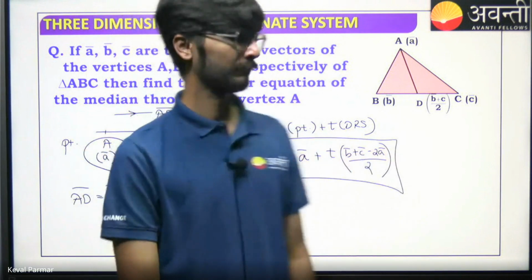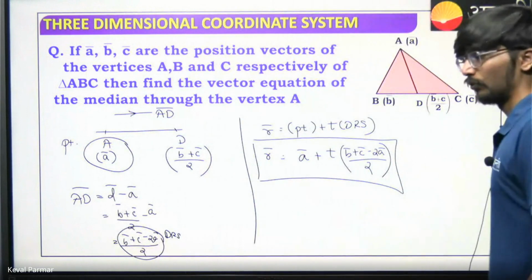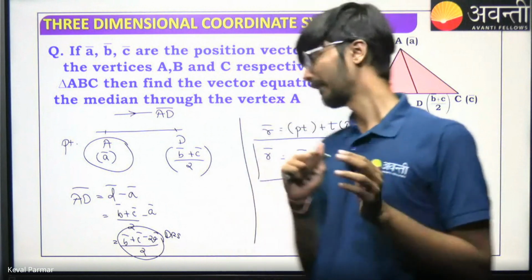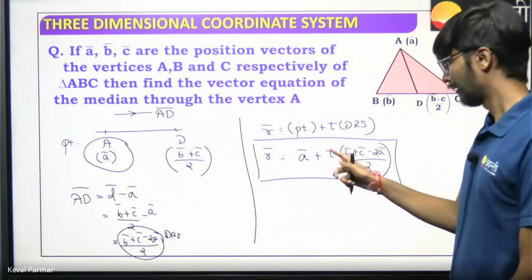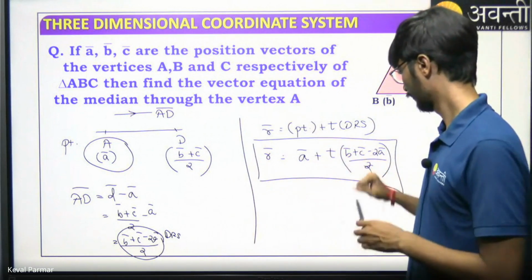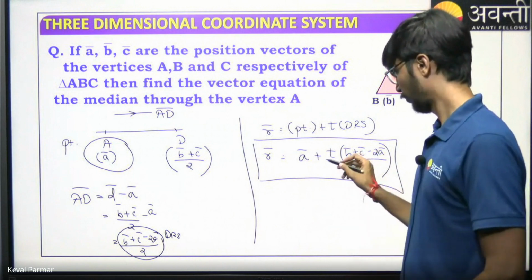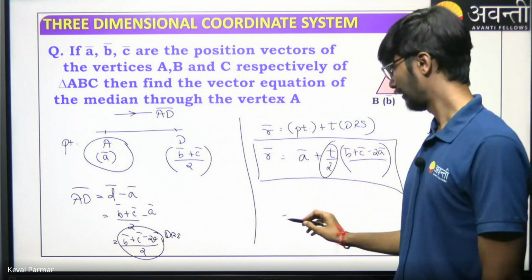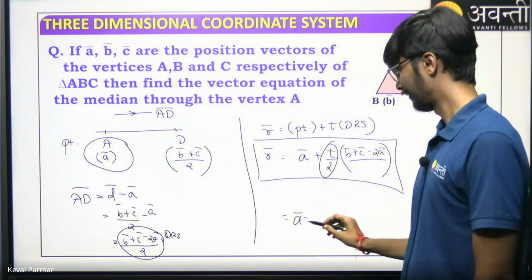Right, guys? Now, I think you may not find this answer in the options. Let me tell you why. I can write it as t upon 2 times B vector plus C vector minus 2A vector, and t upon 2 now becomes another constant, let's say lambda.